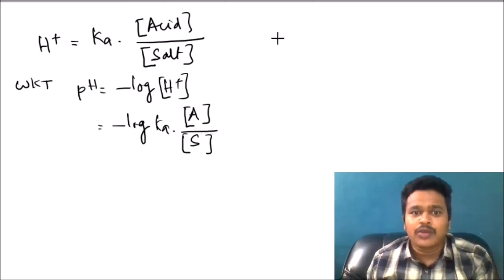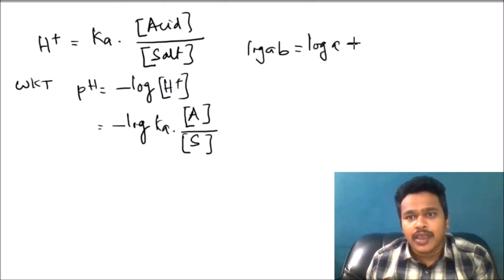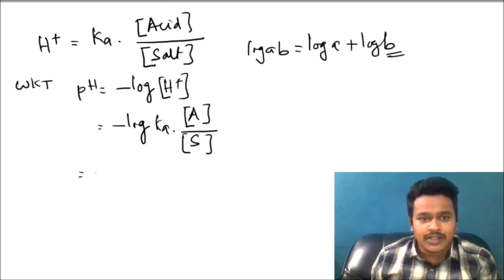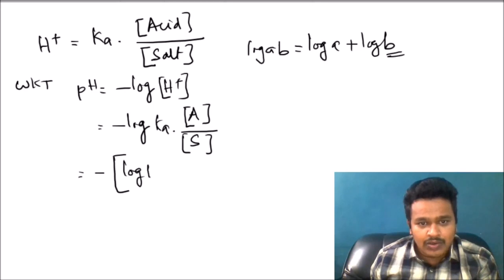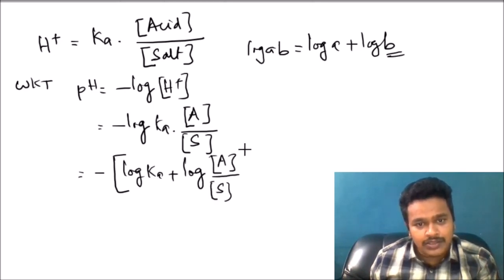What is the formula you know? Log AB, how can you write? Log A plus log B. You know that. So I will keep this minus aside for a while: log Ka plus log of acid by salt concentration.